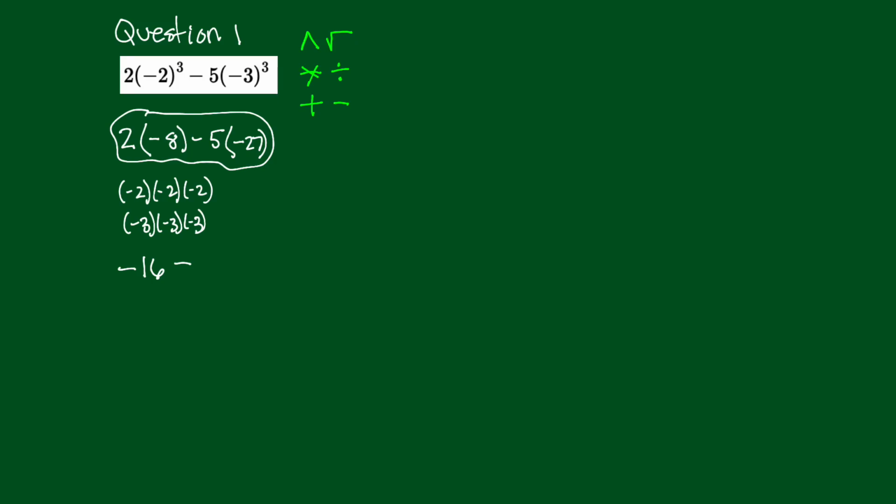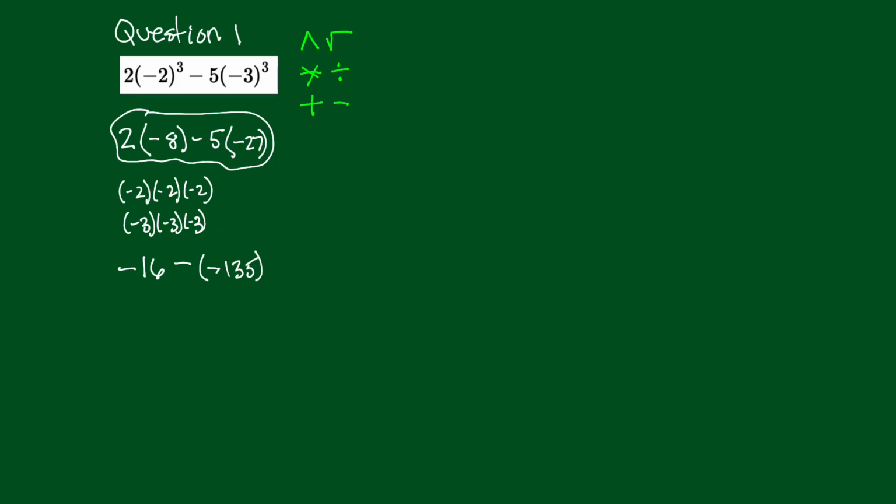If you're not sure, got a calculator. So positive 5 times negative 27 is negative 135, just to check. 135. Right? Positive 5 times negative 27. Positive times negative is negative 135.